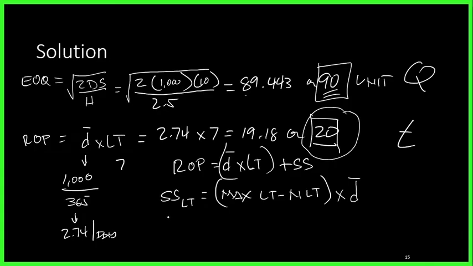Sometimes your safety stock can be based on the change in the demand. So how do you compute for that? You have your maximum demand for your product, and then you deduct the normal demand for your product. Yung daily lang, yung daily usage.